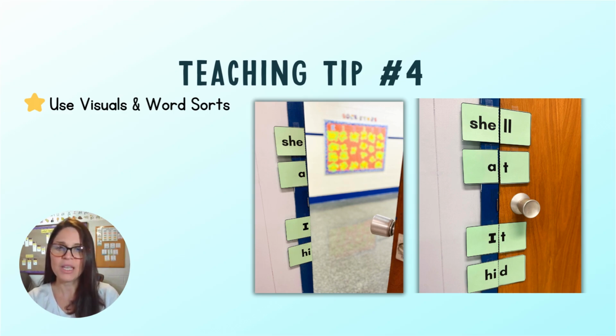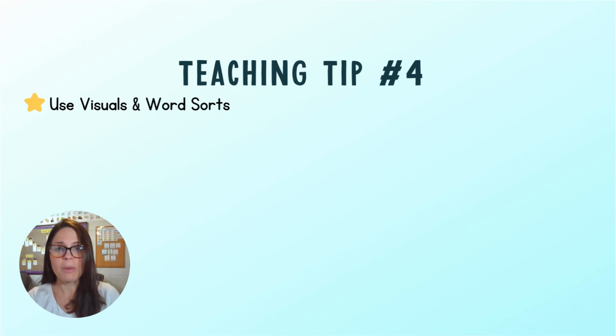So make it fun. The second thing I want to talk about is using word sorts. This is really powerful too, because kids can then look at patterns that they see in words and apply the knowledge of what the vowel letter will say, what sound it will say, within that syllable type. So here's just 2 that I have.